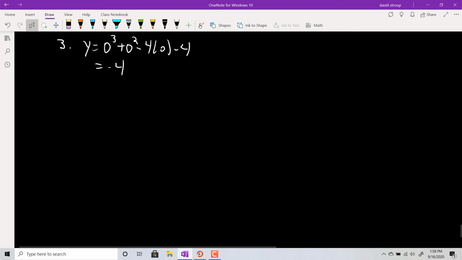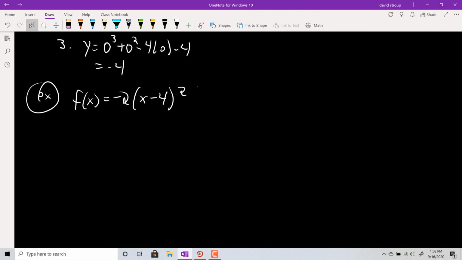Let's do one more, and we'll call it quits. So f of x is negative 2 times x minus 4 squared times x squared minus 25. So first, again, get the leading coefficient, and you kind of have to, okay, so it's going to be this times this times this.